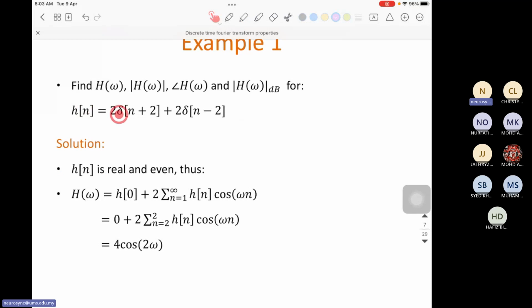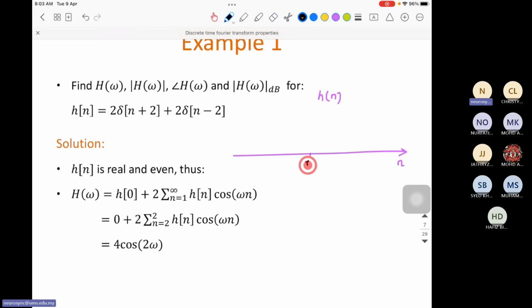Suppose I am having this real valued signal, which is h of n equal to 2 times delta of n plus 2, plus 2 times delta of n minus 2. Can you represent this in graphical form? This is n, this is h of n, suppose. In graphical form, I can represent this like this.